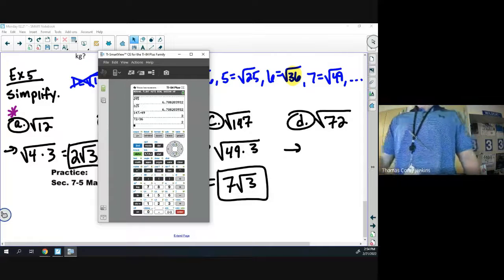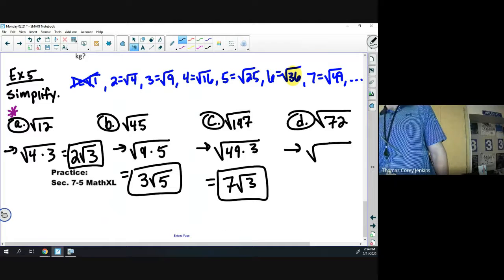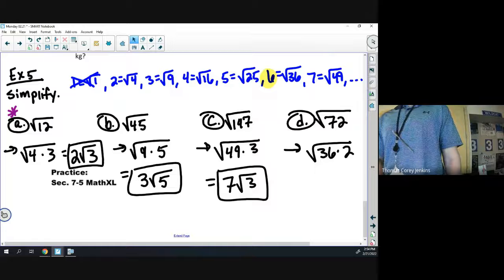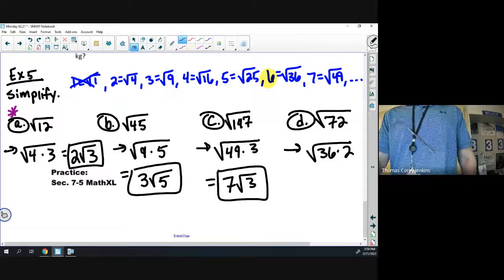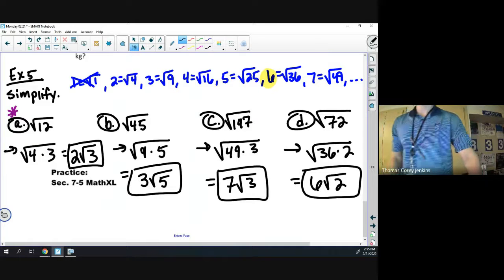It does twice, so it's equivalent to the square root of 36 times 2. The square root of 36 is 6. And so my final answer is 6 square roots of 2, which is my correct answer.